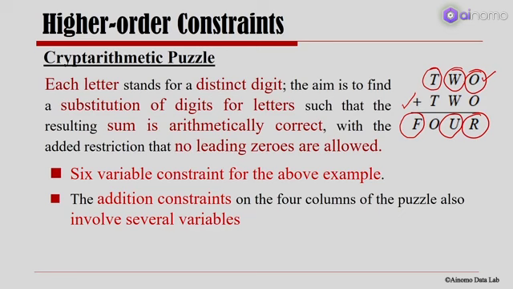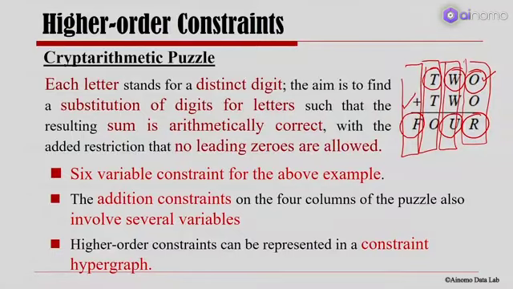The addition constraints on the 4 columns of this puzzle also involve several variables. All of these create higher order constraints and they could be represented in a constraint hypergraph.